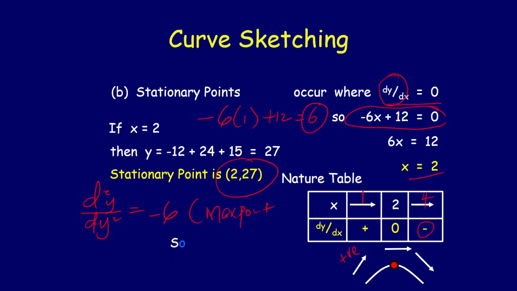I repeat that. I can write it here. If the second derivative is equals to negative, then that one is a maximum point.